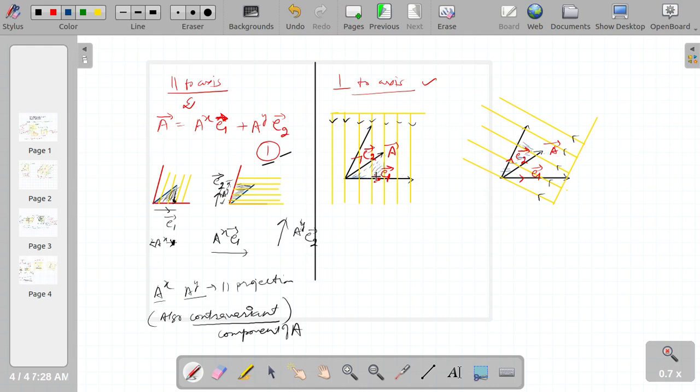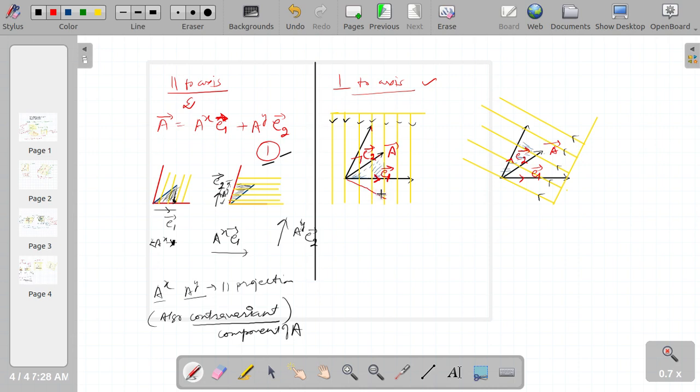This is the problem. So for this, I will make a new arrangement. And what is that arrangement? I will draw one vector here perpendicular to this y-axis.